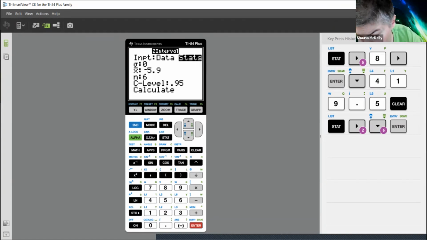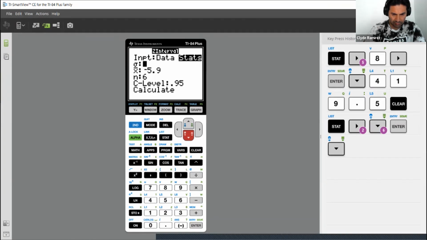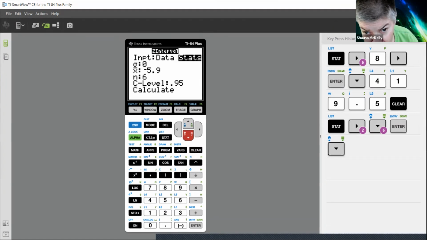It defaults. There's always a default in here, okay? You have to change it to whatever this first number is that I have highlighted. That's sigma, your standard deviation. That's 4.2.